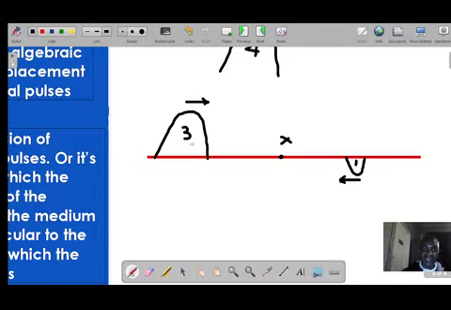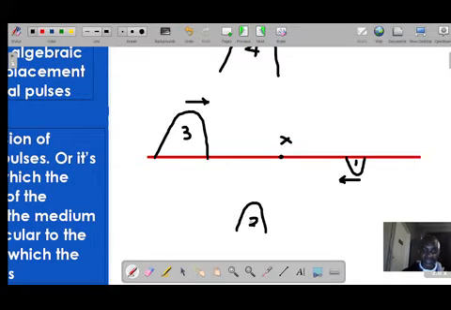Because this one is facing up, it's going to be like this. This time it's positive 3 plus negative 1, which gives me positive 2. So this is my resultant pulse with amplitude of 2.